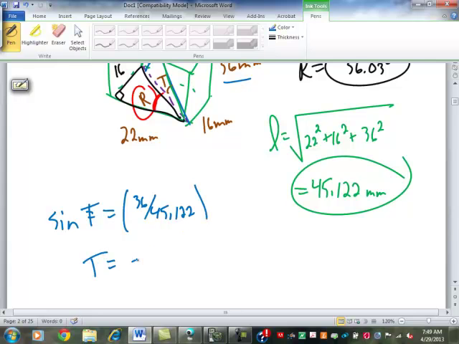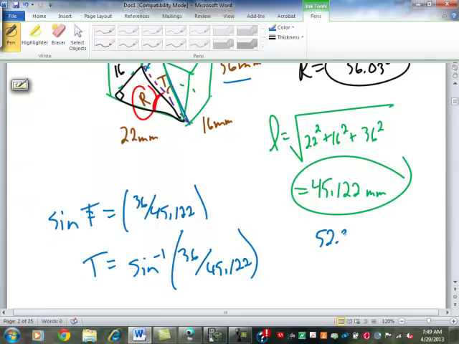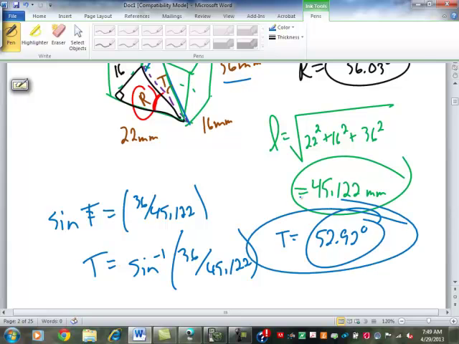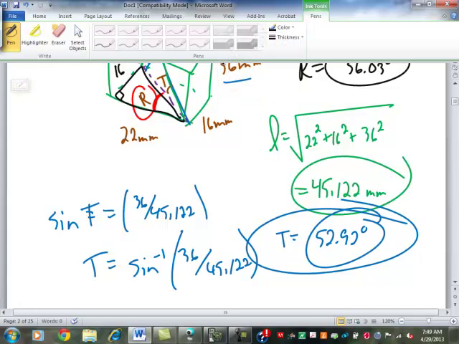So T is equal to the inverse sine of 36 over 45.122. So 52.92 degrees is my angle of tilt. Make sense? Sort of? Okay.